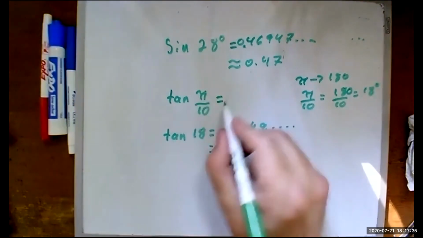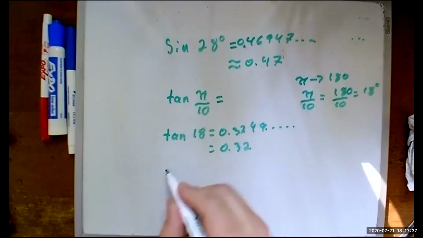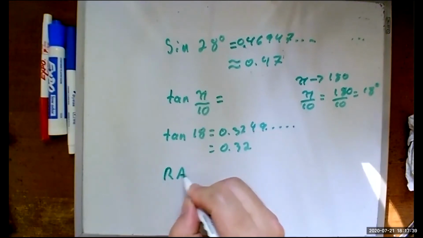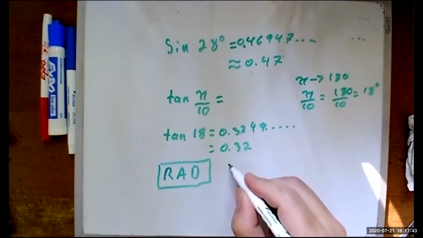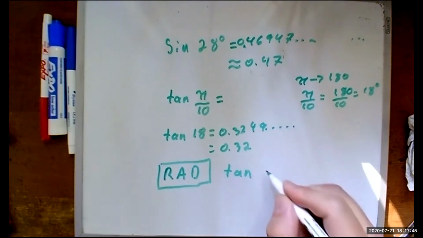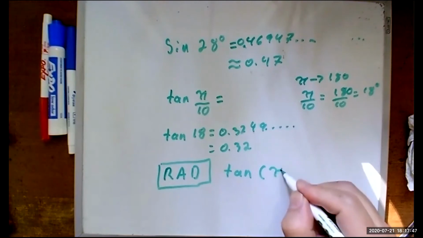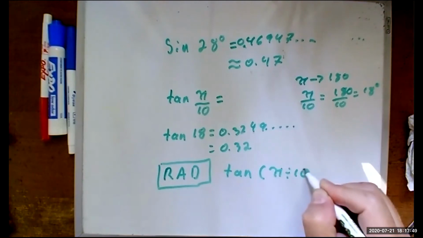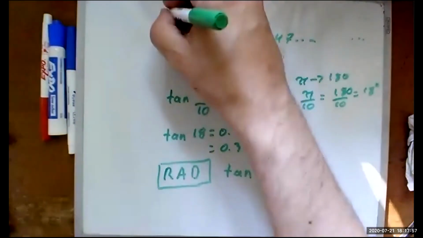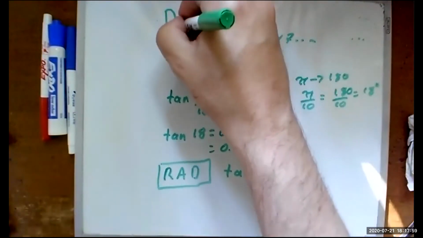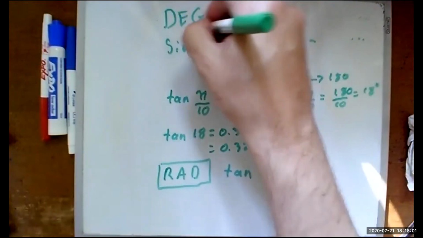For the record, though, if you are comfortable using radians on your calculator, also make sure that you're using your brackets correctly. So in this case, if you put your calculator into radians mode, you want to make sure that you're doing, in brackets, the tan of pi divided by 10.